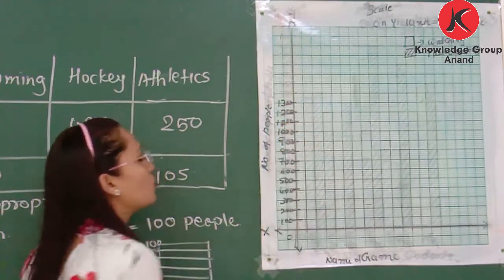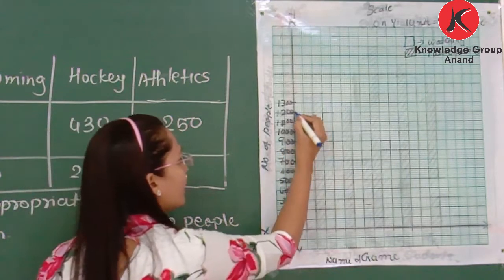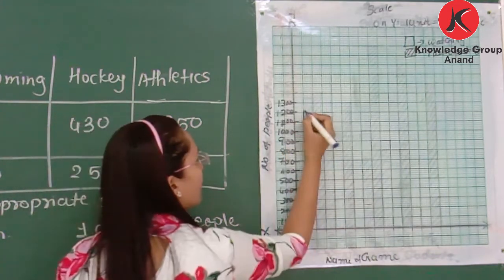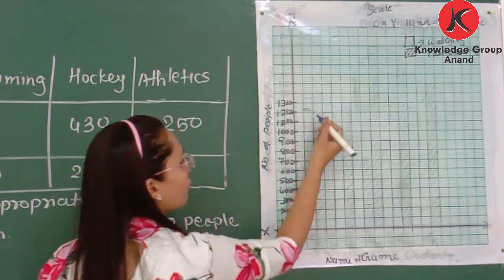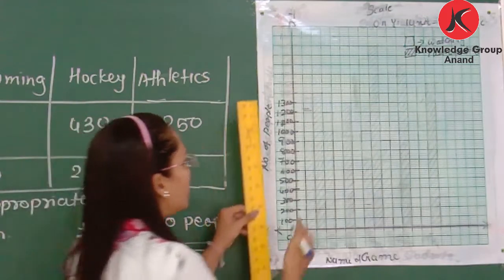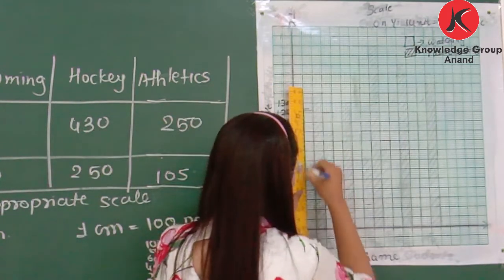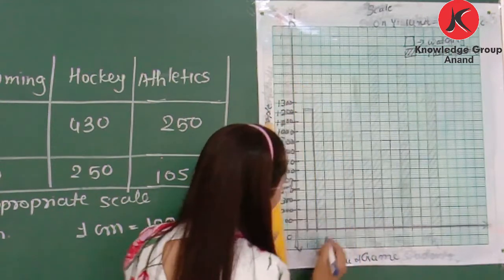As I told you, one line represents 20 people. Cricket is watched by 1240. So 1200 is here, then 1220, 1240. It means you need to take two lines after 1200. So this will be the bar for people watching cricket.